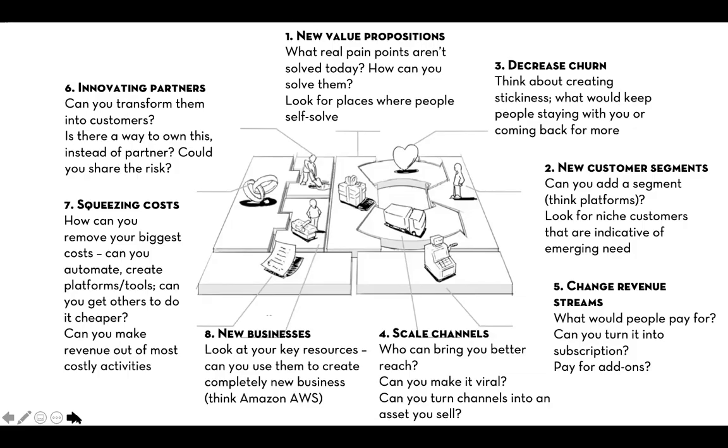So this was literally looking at the bit which is actually number 8 in my picture at the moment, which is saying, look at my key resources and the things that I know how to do. Given the fact that there is a new problem on the table, can I repurpose my resources to solve this new problem?